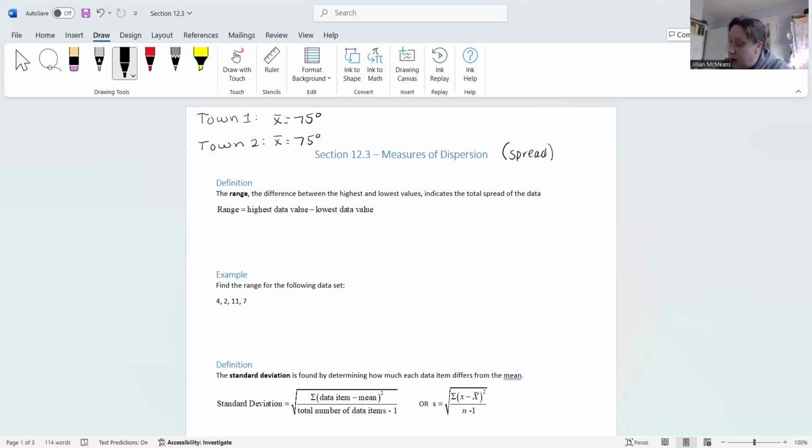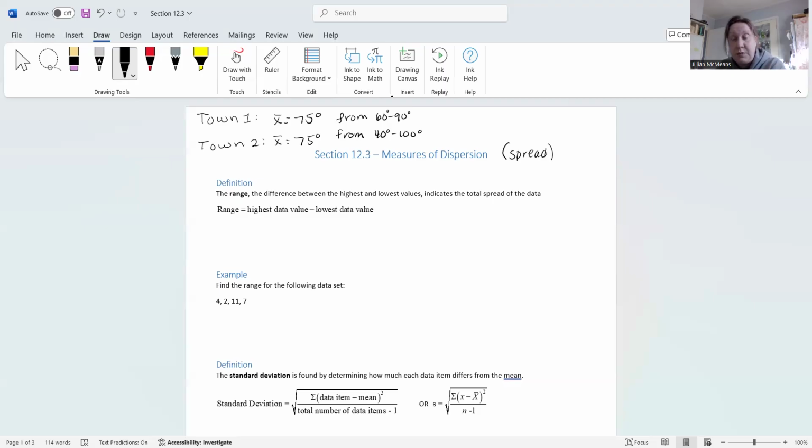For town one, the temperatures go anywhere from, let's see, I think it was 60 degrees to 90 degrees. But town two goes anywhere from 40 degrees to 100 degrees. So at the lowest or the coolest time of year, town one has a low of 60. During the hottest time of year, a high of 90.